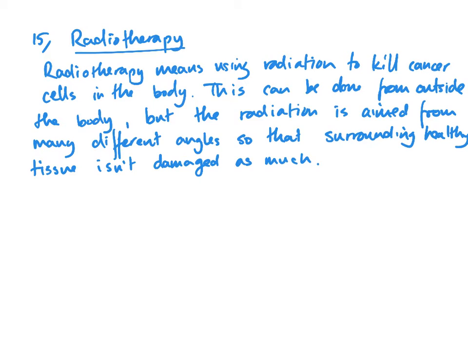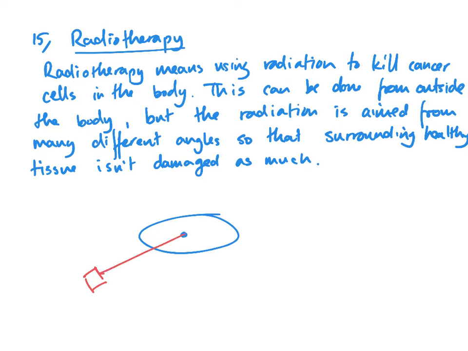So if you imagine this was a slice through somebody's body, and the tumour you're aiming for is in the middle here. Then what we would do is you have the machine which is emitting a ray of radiation. So you would fire that in from lots of different angles.